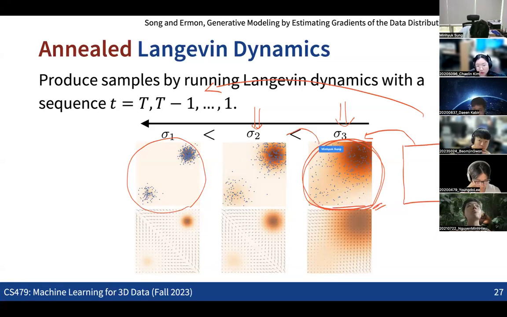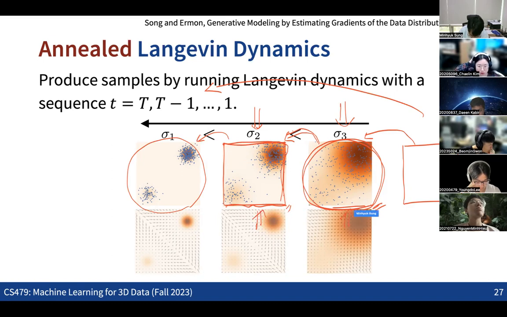The next step is that we get a slightly less perturbed data distribution by running the Langevin dynamics with the score that we got from this distribution. Then we repeat this process, so that we have multiple in-between distributions between our data distribution and the prior distribution, so that the score prediction can be more accurate for each of the intermediate steps.